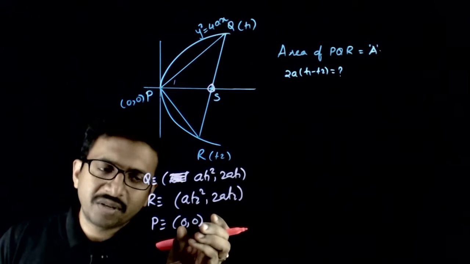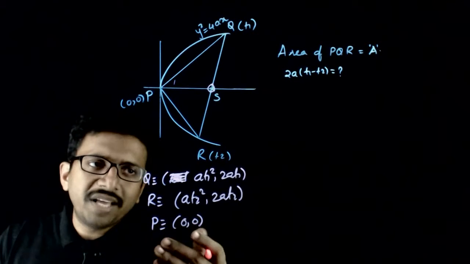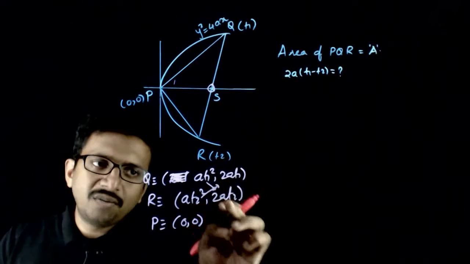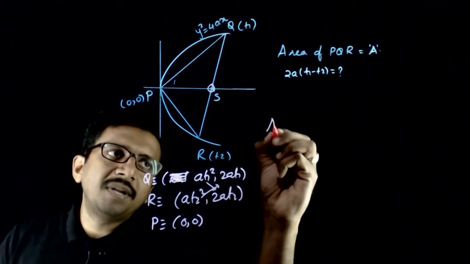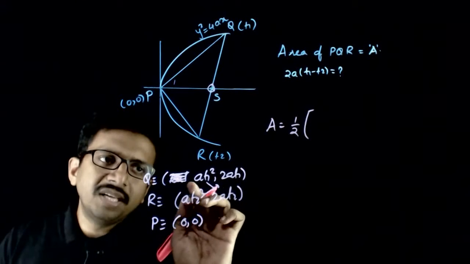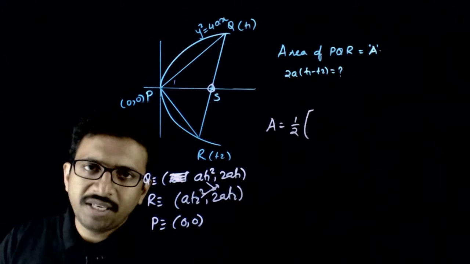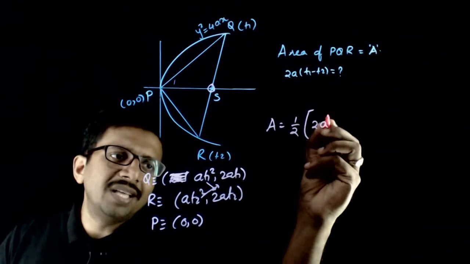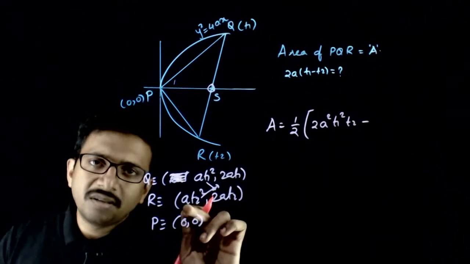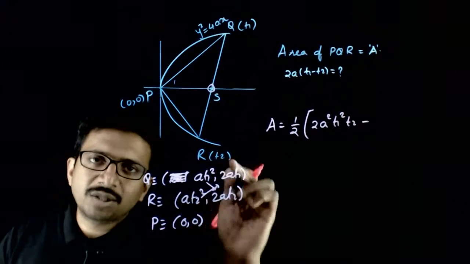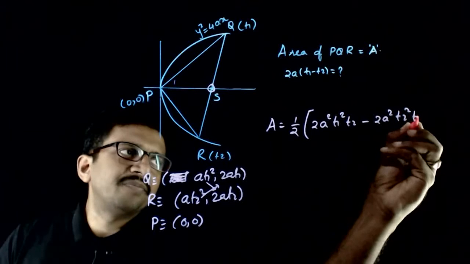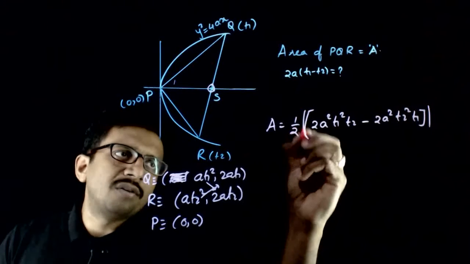One vertex is origin, so the area of the triangle is nothing but the determinant of this matrix, this into this minus this into this. So capital A can be written as half of the determinant, half of a T1 square into 2a T2, that is 2a square T1 square T2, minus x1 y2 minus x2 y1, that is 2a square T2 square T1, and the mod of this is the area.